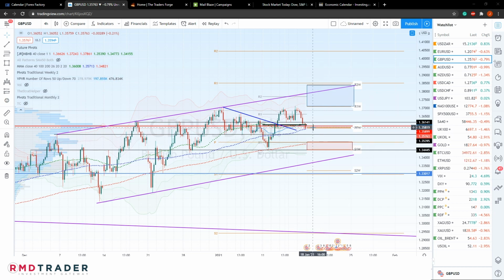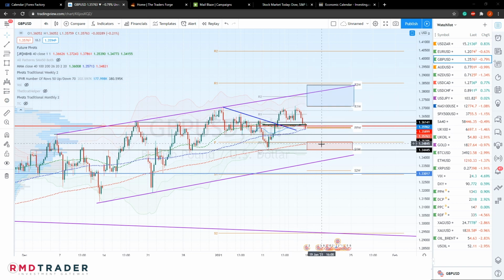However, if price can hold above the weekly pivot, it's possible that we can see price moving back higher towards the target at the weekly R1 pivot, that would be at 1.371, and if it can break higher from that level, then it's likely that it will retest this upper resistance boundary, and that could be near the weekly R2 and monthly R1 pivots near 1.383, so anywhere in that vicinity if it manages to break that high.